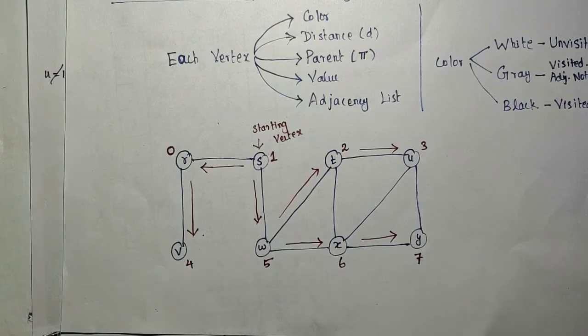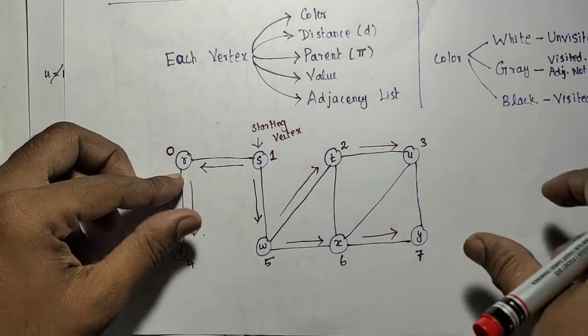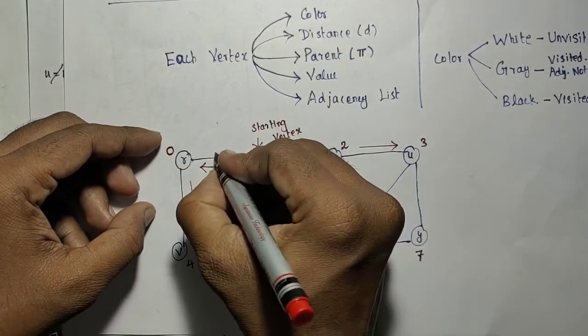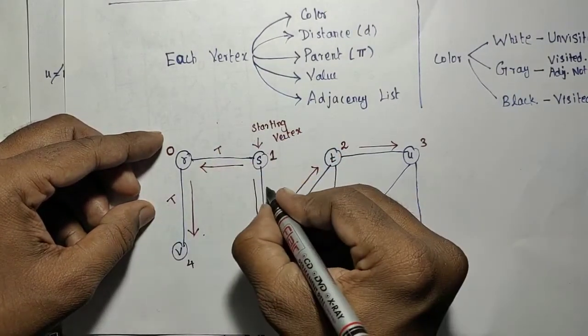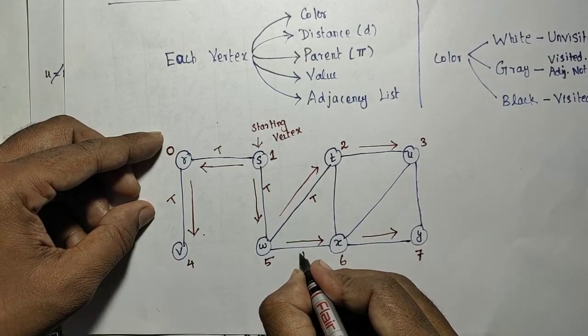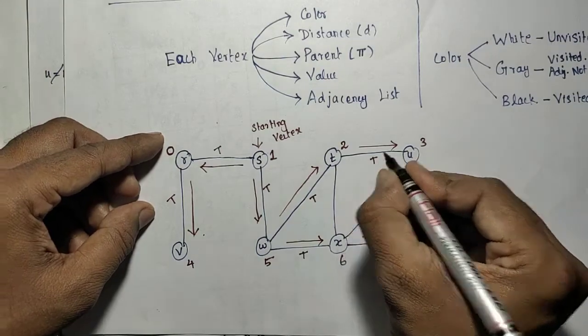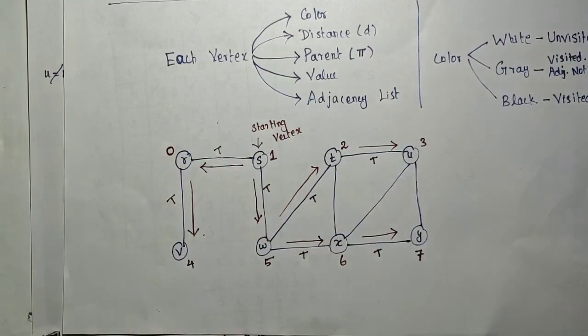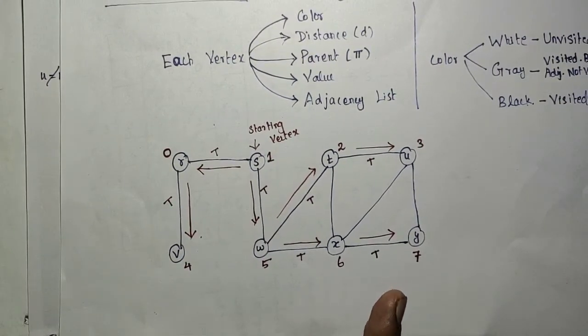At the end, the edges which are there in the resultant tree are called tree edges, T, T, T, T and T. The edges which are there in the resultant tree are called the tree edges.